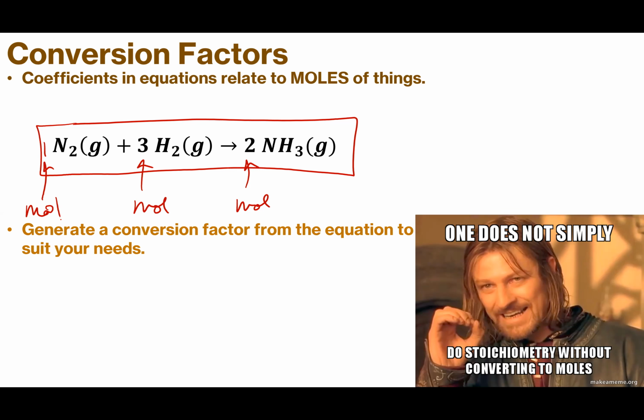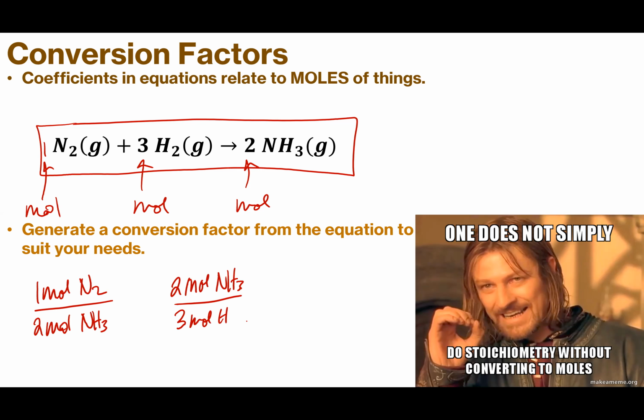We could say 1 mole of nitrogen is going to give us 2 moles of ammonia. We could also say that 2 moles of ammonia is going to need 3 moles of hydrogen. Or we could say that 3 moles of hydrogen is going to react with 1 mole of nitrogen.